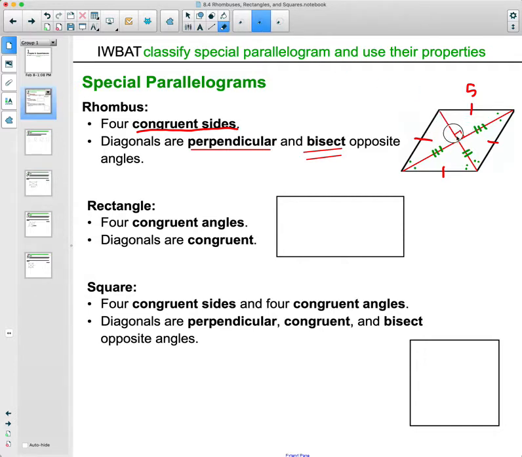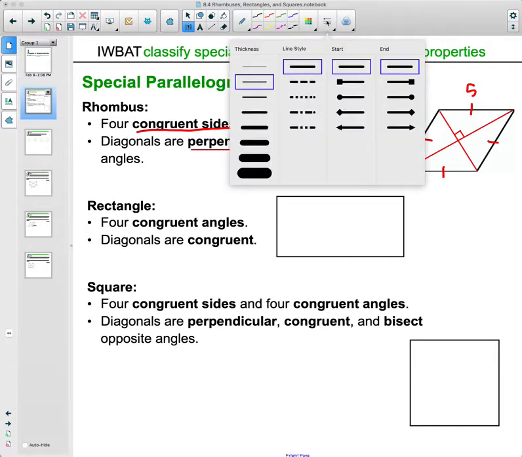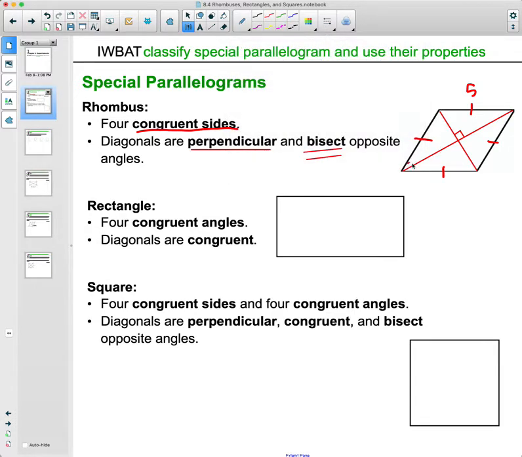I'm going to erase some of this so I can mark that on there for you as well. But I like to just try to remember that the triangles are exactly the same. So whatever's in this one is also in this one, and in this one, and in this one. And whatever's here is the same here and the same here. So opposite angles are being bisected by those diagonals.